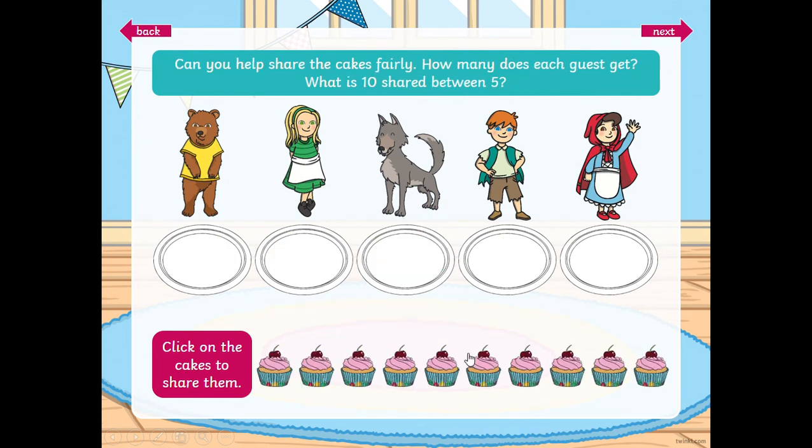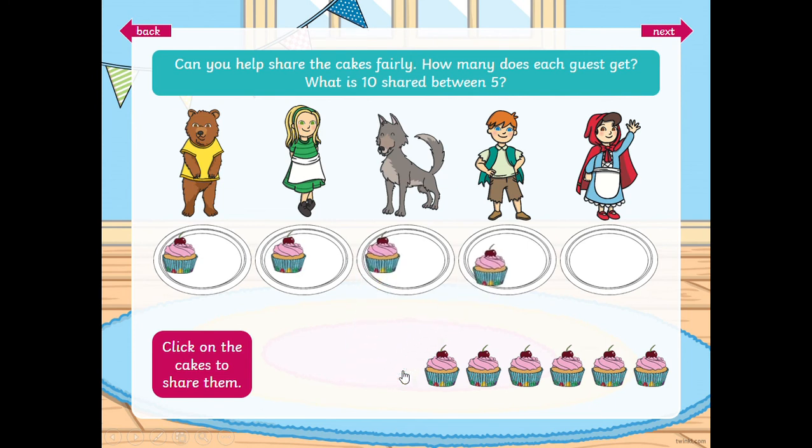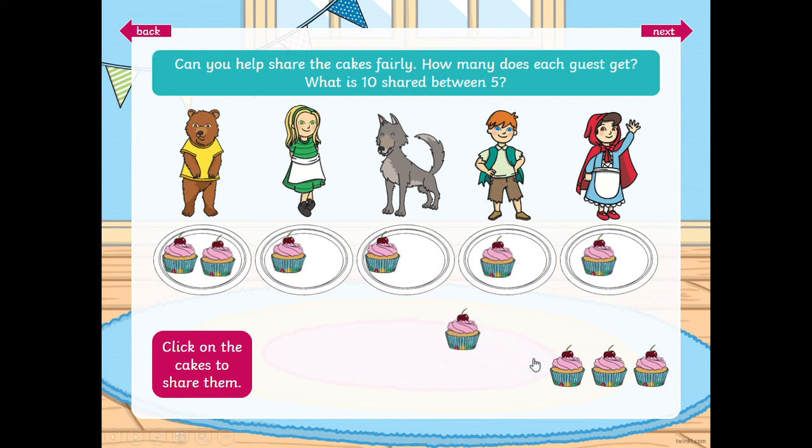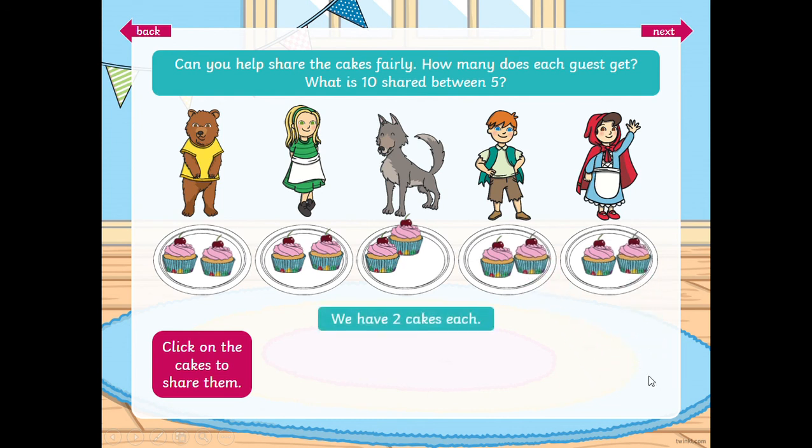So this time, can we see if we can share them equally? Okay. So we've got to share 10 cakes between the 5 guests. 1 to Baby Bear, 1 to Goldilocks, 1 to the Big Bad Wolf, 1 to Hansel, 1 to Little Red Riding Hood, 1 to Baby Bear, 1 to Goldilocks, 1 to the Big Bad Wolf, 1 to Hansel, and 1 to Little Red Riding Hood.